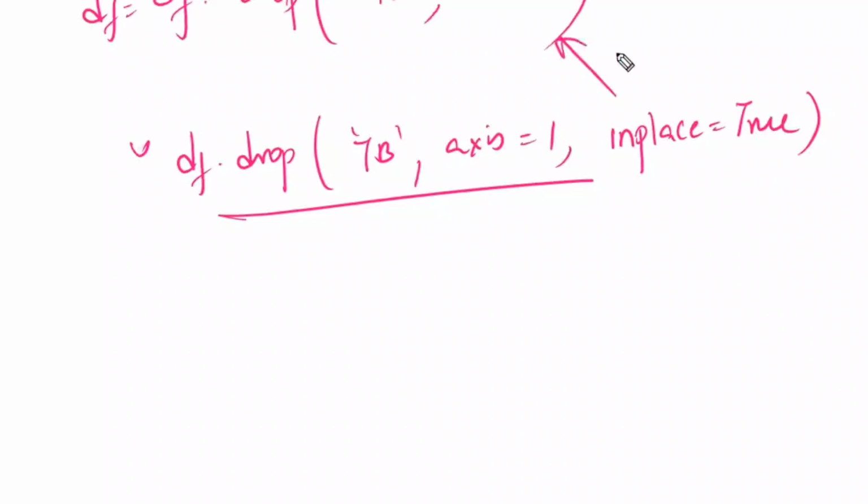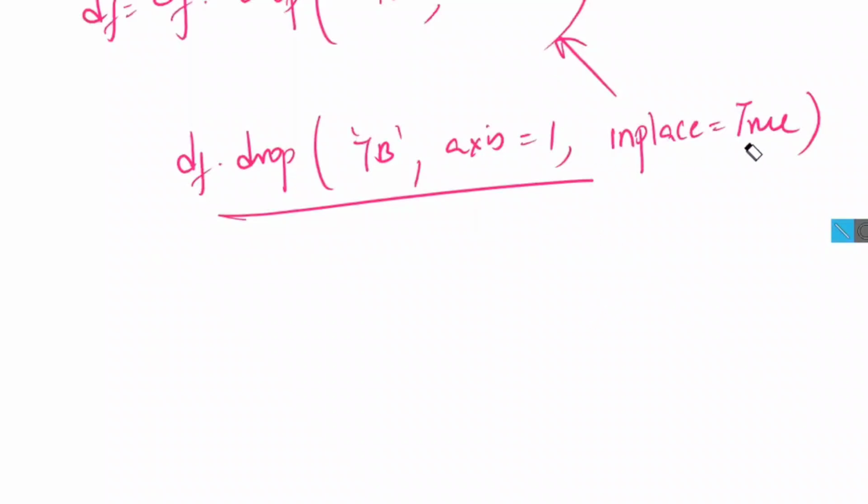Both are the same. If you don't write the starting variable name and just write inplace=True, it means after removing, it is going to store again in the original one only. Inplace means in the original one, again you place. Equal to True means automatically it is going to place in the original one. So either you can write like this or like this, anything.